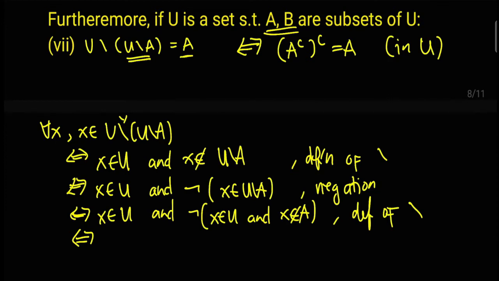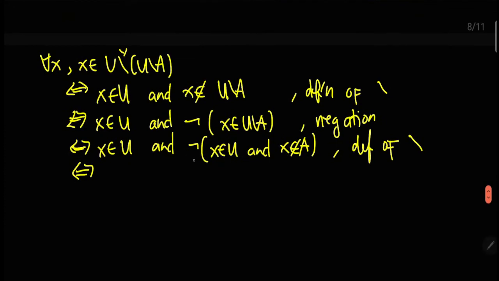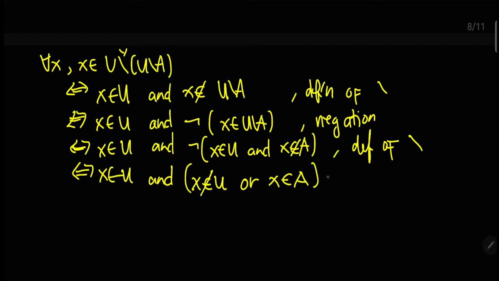Okay, so let's continue. What does it mean for this to be not true? By De Morgan's, you have a not statement and then you have an AND. So that means X is in U and... So X is not in U, negate that statement, and it will become OR, and then negate X is not in A, so it will become X is in A. So that's De Morgan.